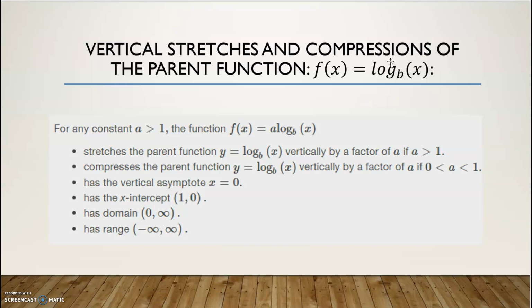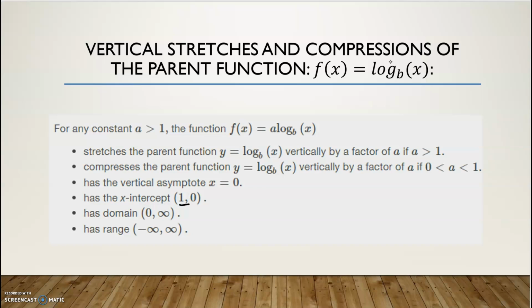So again, since we haven't shifted to the left or to the right, we're still going to have a vertical asymptote of x equals 0. We're still going to have an x-intercept of 1, 0, and we'll have a domain of 0 to infinity and a range of all real numbers.